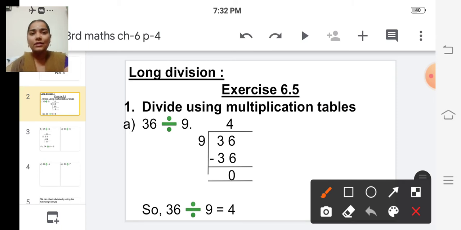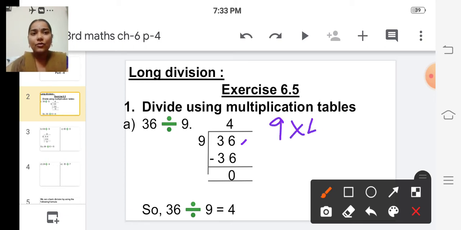Here the dividend is 36. So, 36 is greater than 9. So, we can divide. How many times will 9 go into 36 in the 9th table? 9 fours are 36, isn't it?